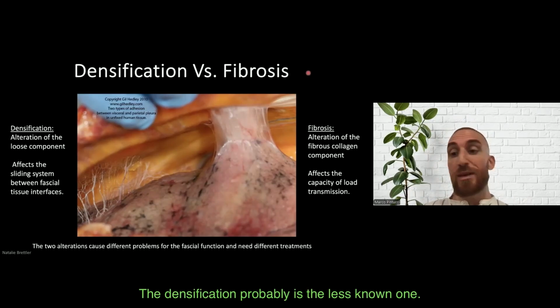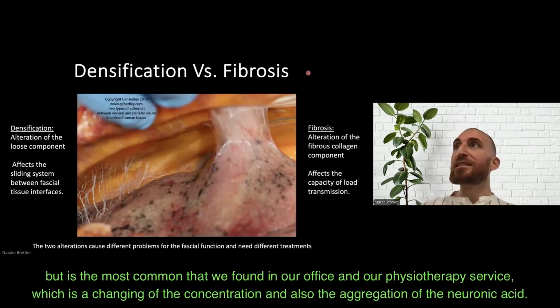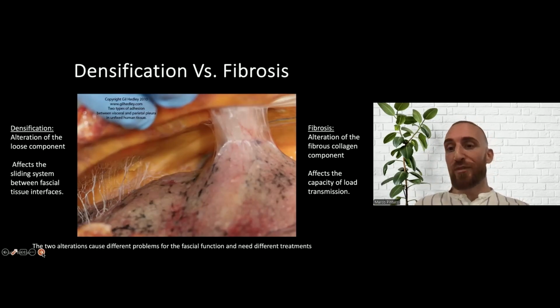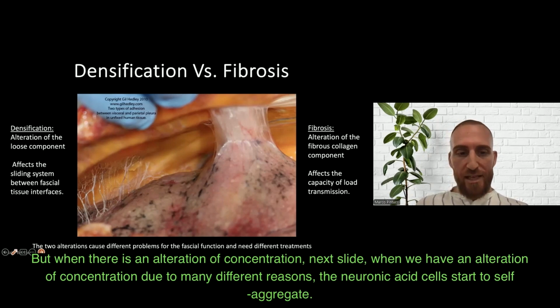The densification is probably the less known one, but it is the most common that we find in our physiotherapy service, and it is a change in the concentration and also the aggregation of the hyaluronic acid. Hyaluronic acid is usually bound with many molecules of water and acts as a lubricant. But when there is an alteration of concentration, next slide.